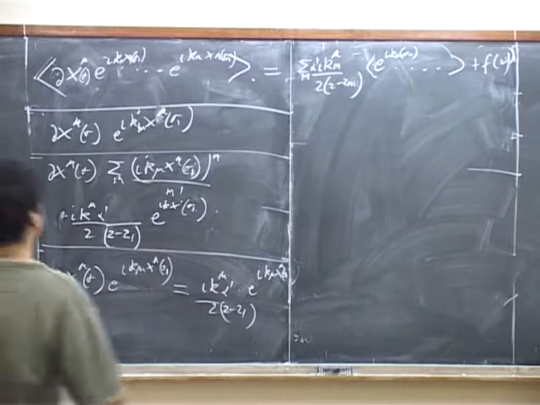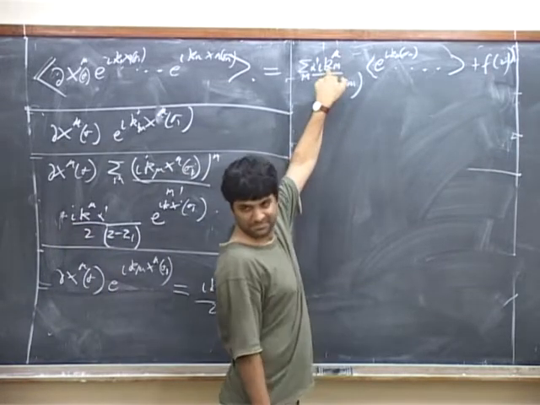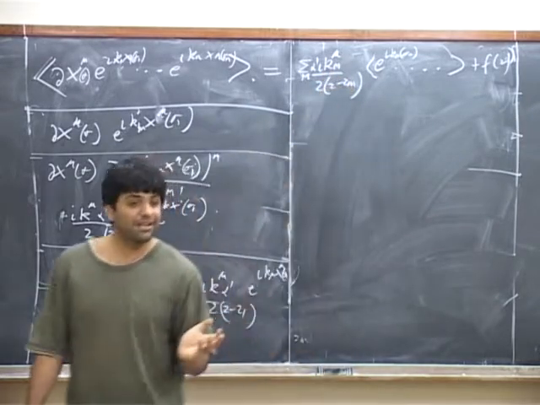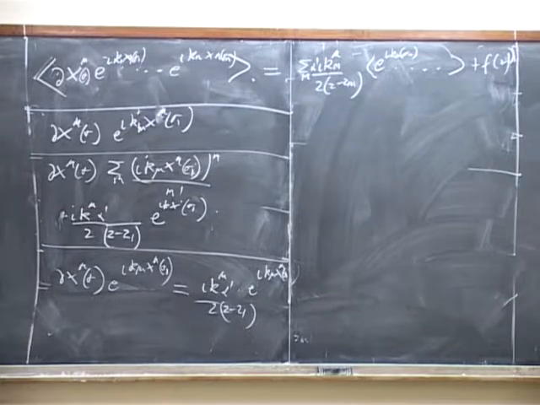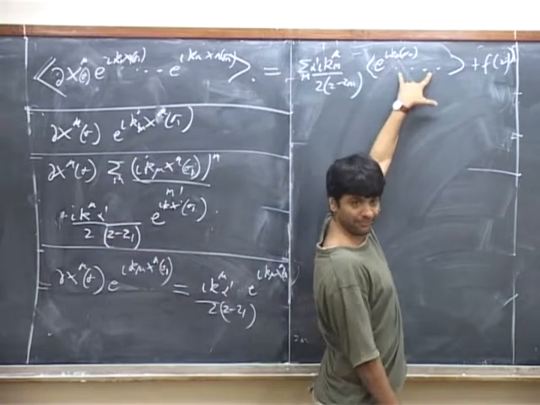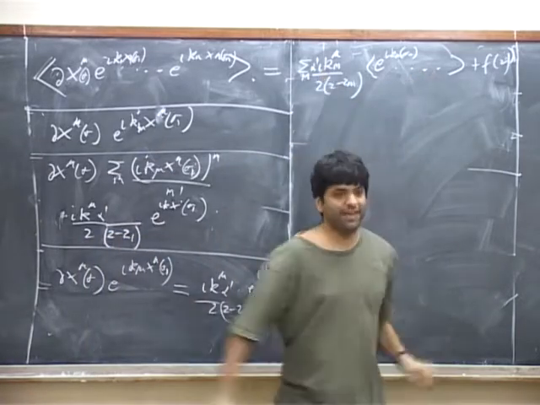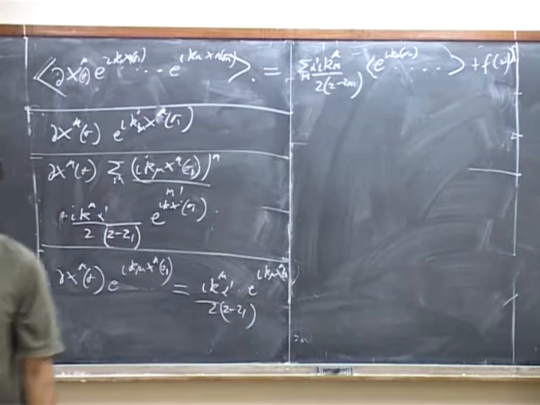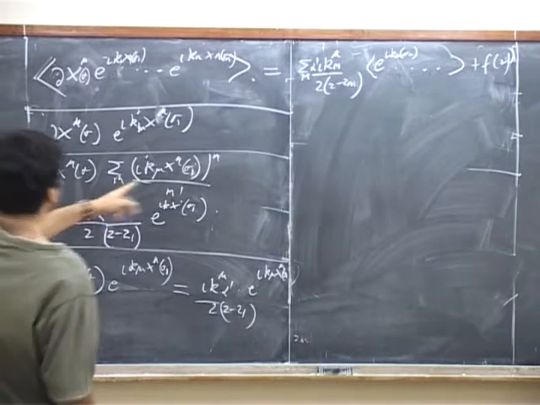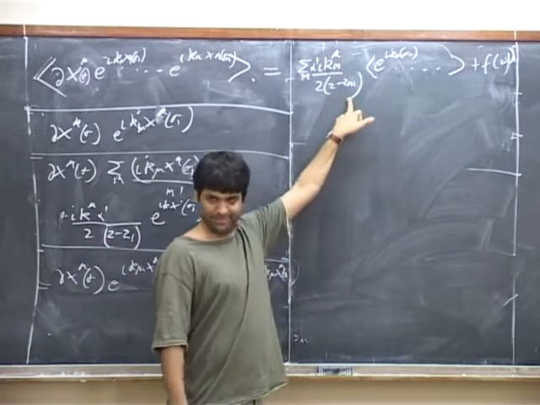But the coefficient of 1 over z is simply the sum over the k^μ's. So the first thing we conclude is that we have momentum conservation. The only way this amplitude can be non-zero is if the sum of the k^μ's vanishes.